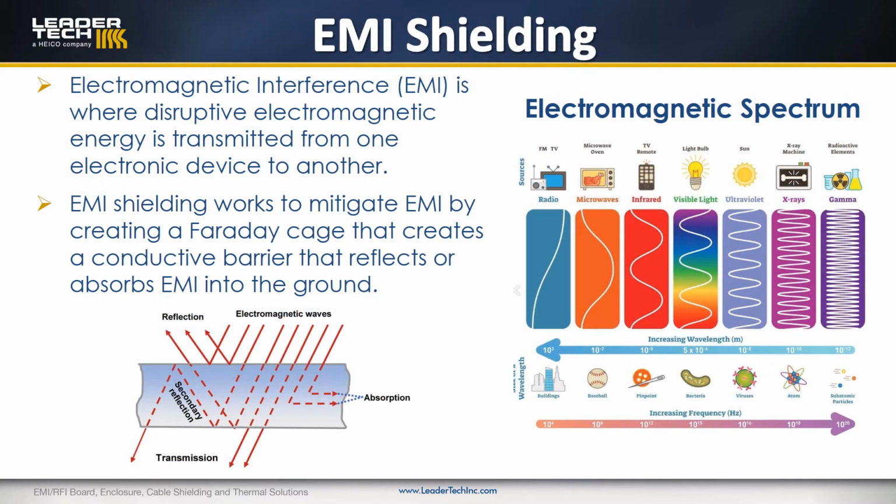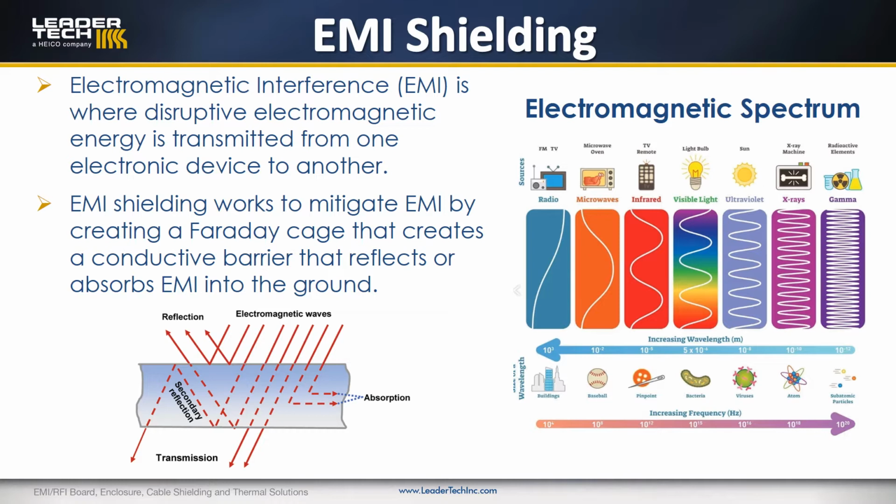In this webinar, we're going to discuss the concept of EMI, as well as the guidelines for designing effective board level shields. So what is EMI? EMI stands for electromagnetic interference and is essentially signals emitted either from or received by a device that disrupt its performance, similar to like a cell phone that could interfere with a speaker or TV.